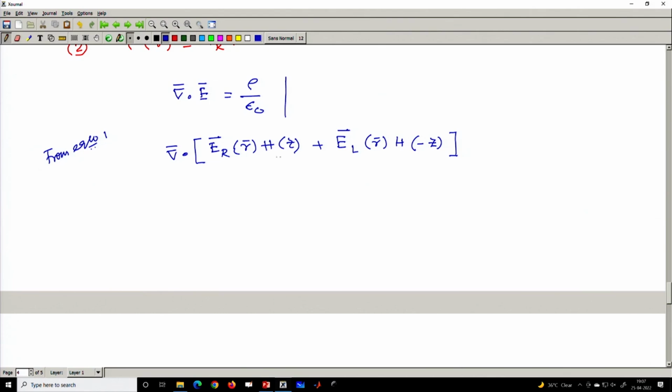But here you can see that this operator is going to operate on both, because the Heaviside function is a function. So first I write the Heaviside function as H(z), and then this is going to operate over E_R.